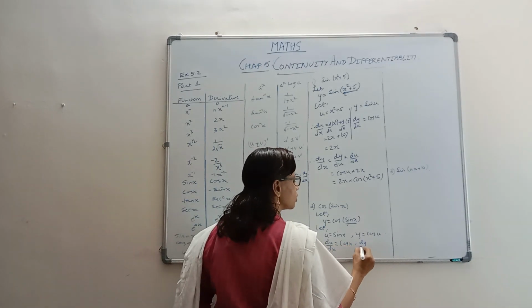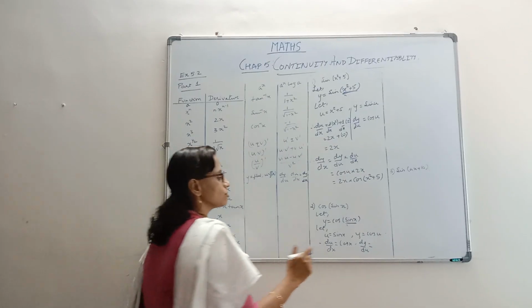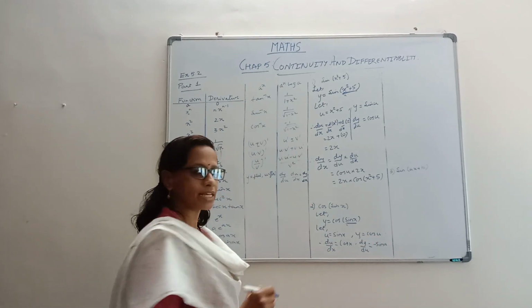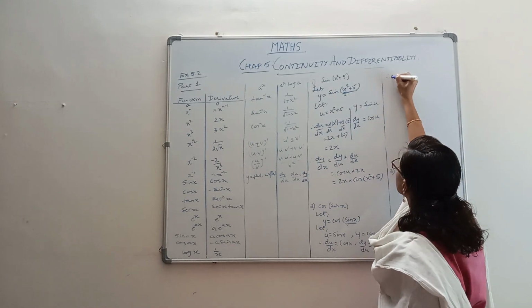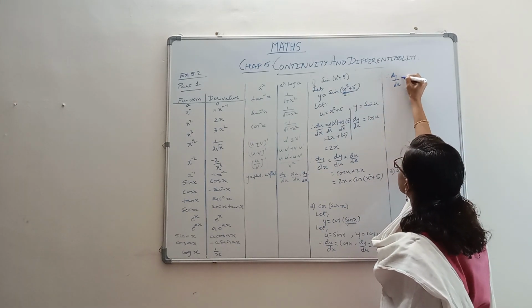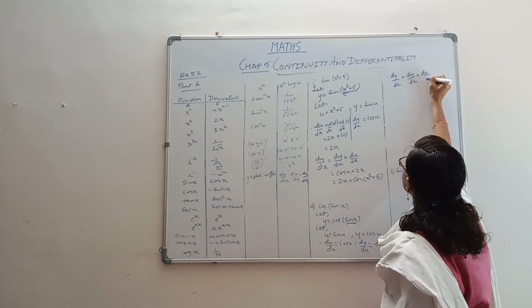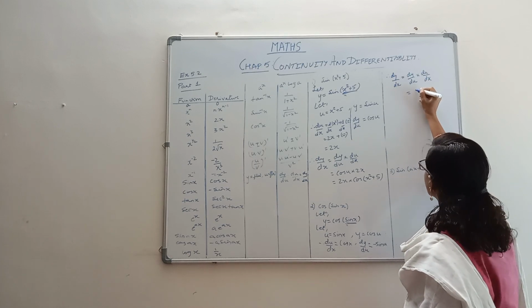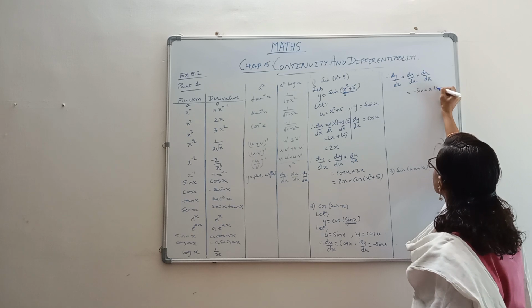And y is in terms of u. Not at all difficult. Cos, we know the derivative is minus sine. So it is going to be minus sine u. But then, as usual, we want to get back to dy by dx. So let's see how we can get dy by dx by using the chain rule. dy by dx is dy by du into du by dx. So dy by du is minus sine u, and du by dx is cos x.